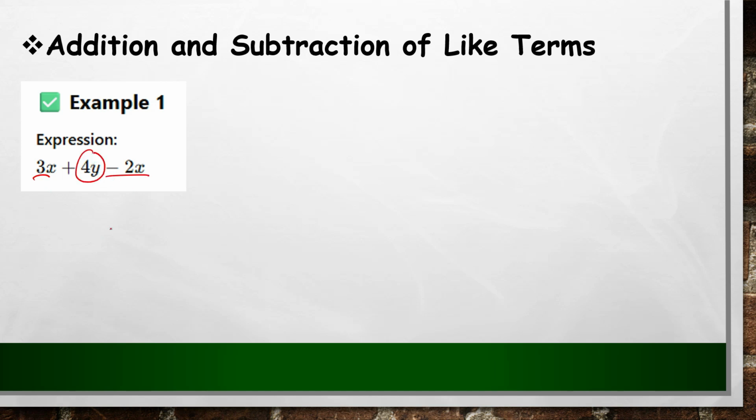So 4y, we will just leave that alone. And then we will only perform the operation on the numerical coefficients. So 3 minus 2 is equal to 1x plus 4y. We don't really need to write the 1. That's a redundancy. There we only have 1x. So this will just be x plus 4y.